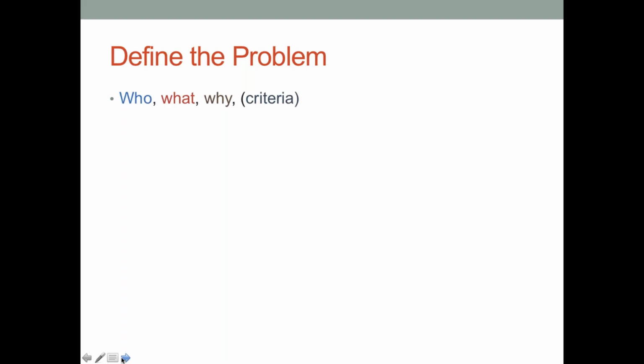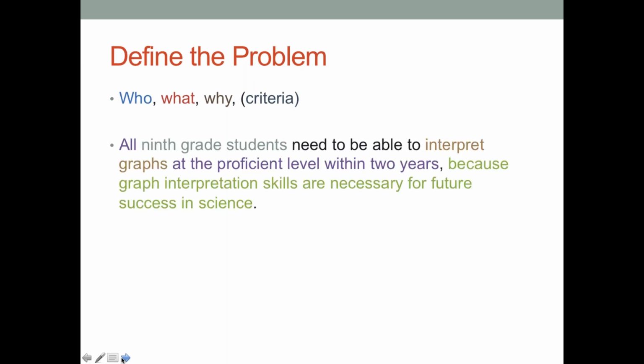And the criteria for success is that the district supervisor wants all of the students to be at proficient level within 2 years. Very similar, and it was supposed to be color-coded when we put the formatting on it, but very similar to what Carl came up with.